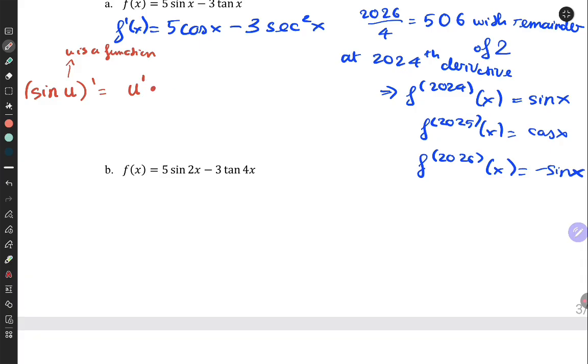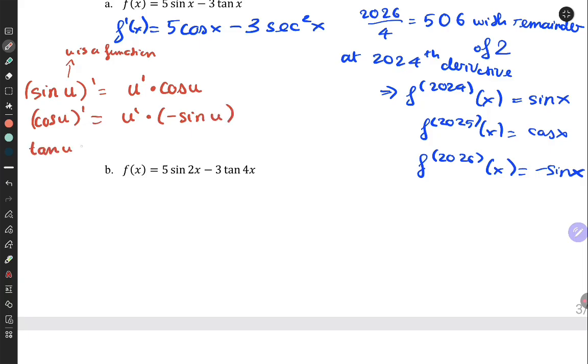The regular formula for sine is cosine. This applies for all trig: sine, cosine, tangent, cotangent. So you have cosine of u. Remember, u is a function, not just x. When x is alone, you have u prime times negative sine of u.